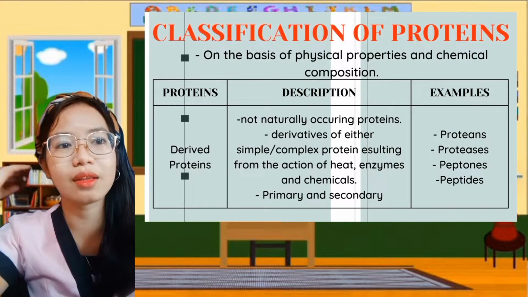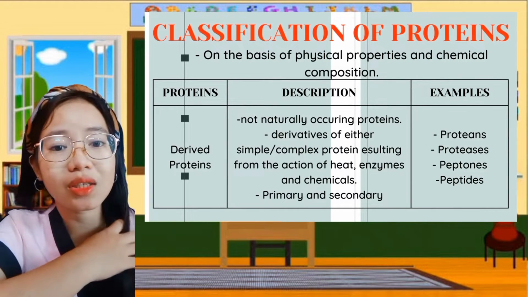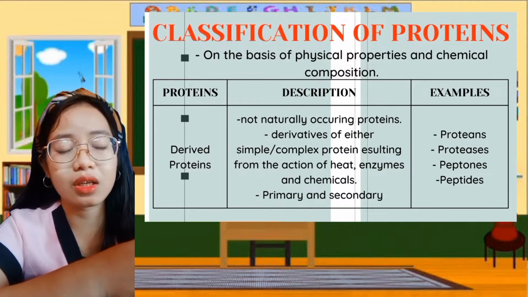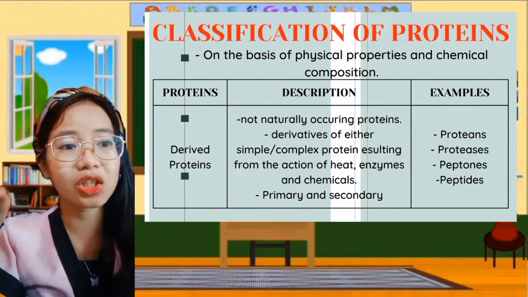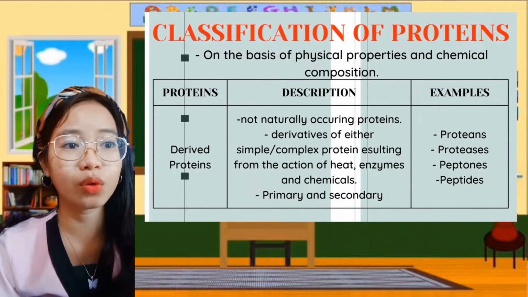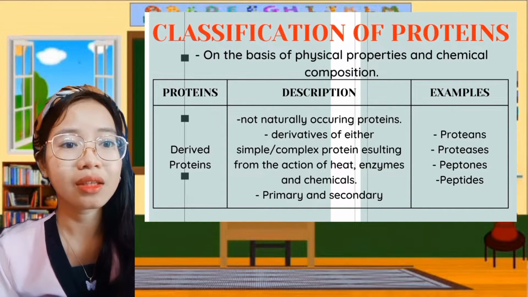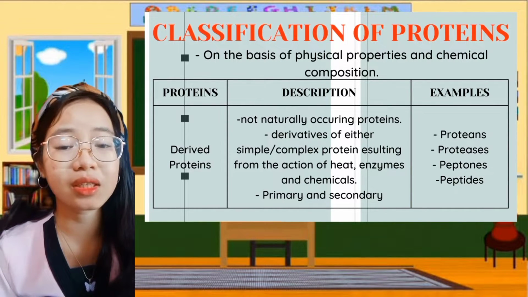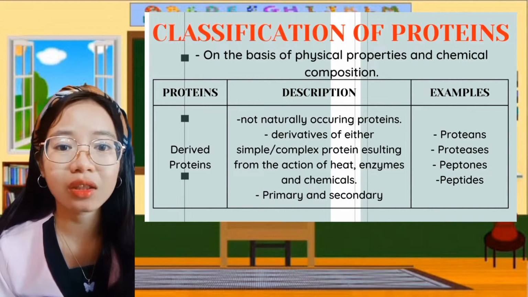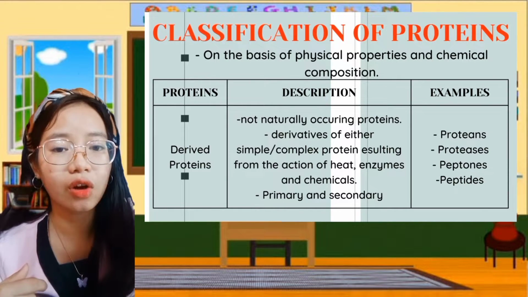Okay, so the last one for the classification of protein on the basis of physical properties and chemical composition is the derived proteins, which are not naturally occurring proteins, which means that they are not produced naturally but are artificially produced proteins. And it also says here in the slide that these derived proteins are derivatives of either simple or complex proteins. Okay, meaning they can be derived from simple or complex proteins.